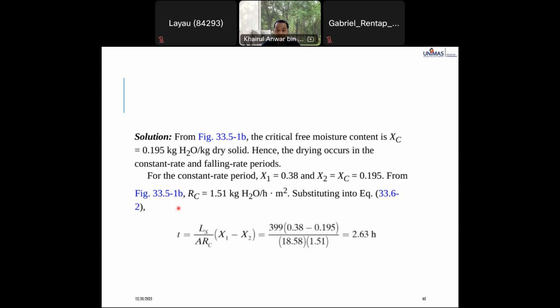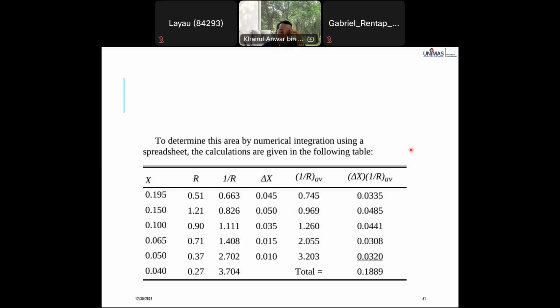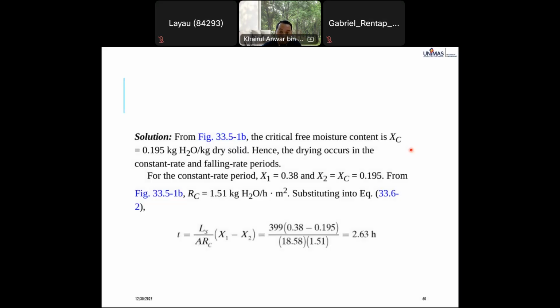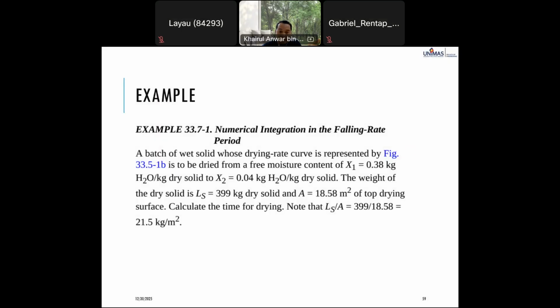So we use the equation 9.6-2, the same equation as before. That one is for the constant rate period. Now from 0.195 until 0.04, that one is referred to as the falling rate period.